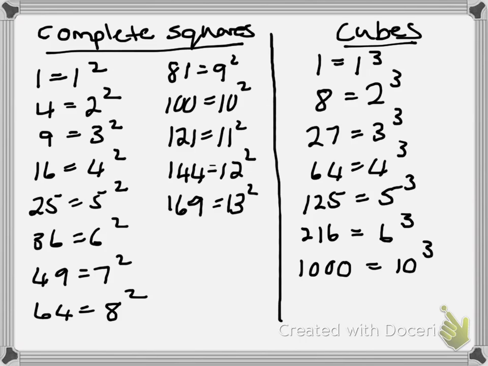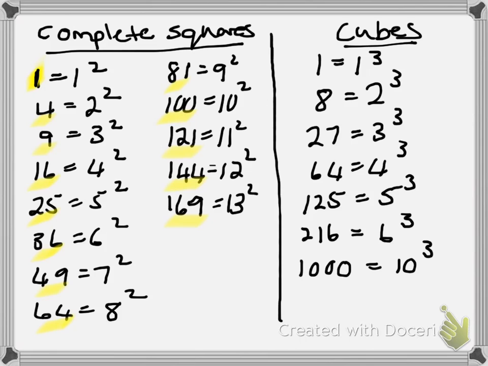You need to be able to recognize the numbers here on this side. 1 is 1 squared. 4 is 2 squared. 9 is 3 squared. 16 is 4 squared. 5 squared, 6 squared, 7 squared, 8 squared, 9 squared, 10 squared, 11 squared, 12 squared, 13 squared. That's just about as far as we usually go, at 169.